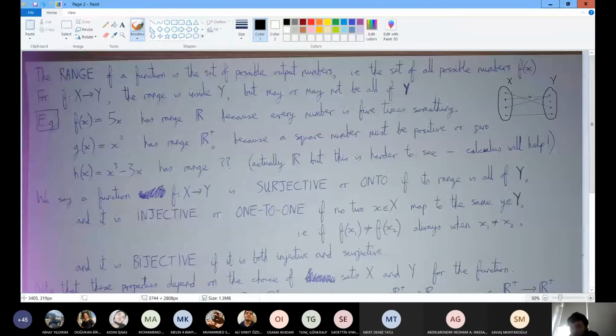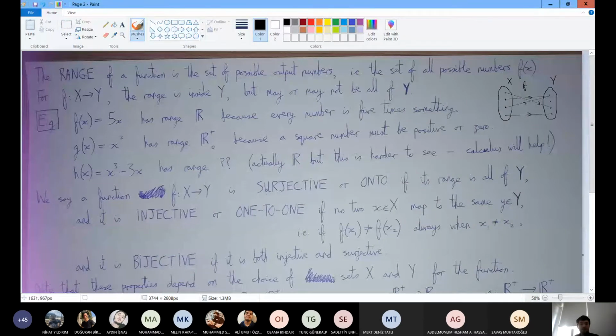So I'm going to put little arrows on here. So you could say that a function is a collection of arrows between these two sets. Every number in x goes somewhere, and somewhere in this second set y. So this could be a function f, which sends x to y.